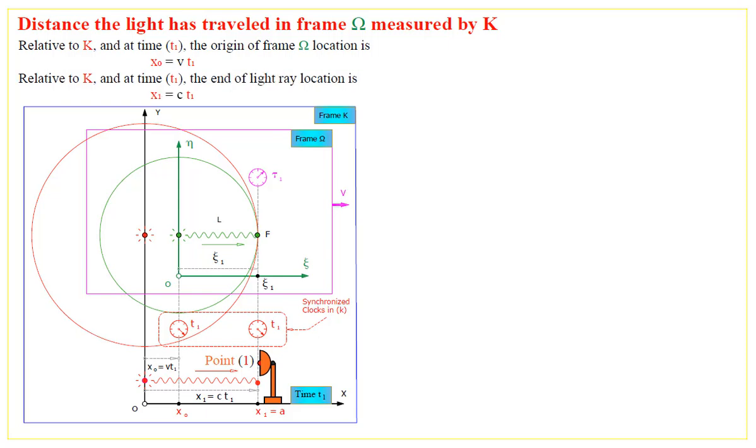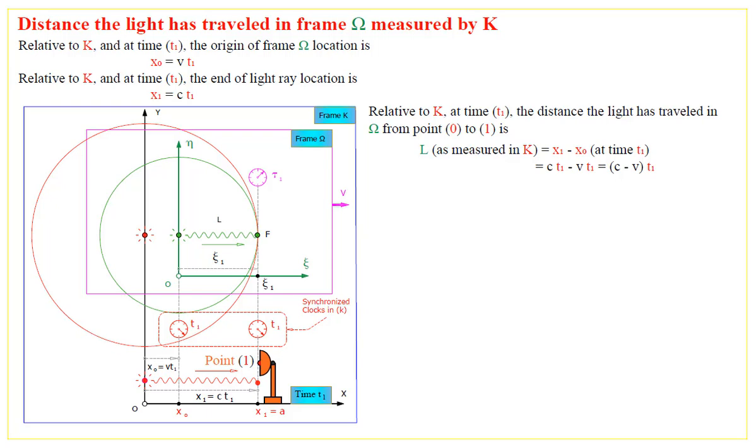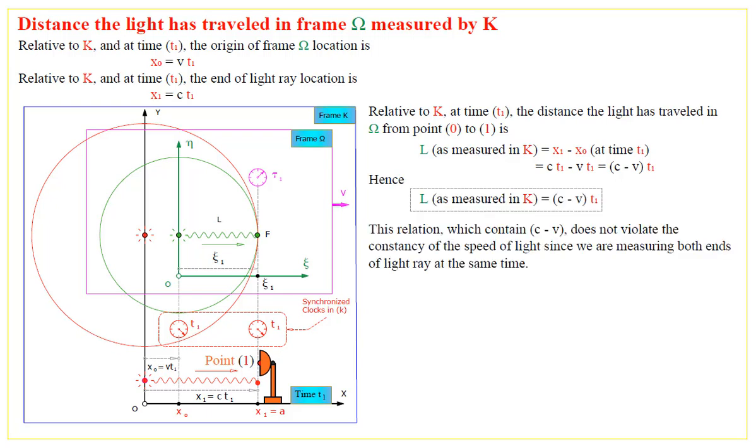Relative to k and at time t1, the end of light ray location is. Hence, this relation, which contains c minus v, does not violate the constancy of the speed of light since we are measuring both ends of the light ray at the same time.